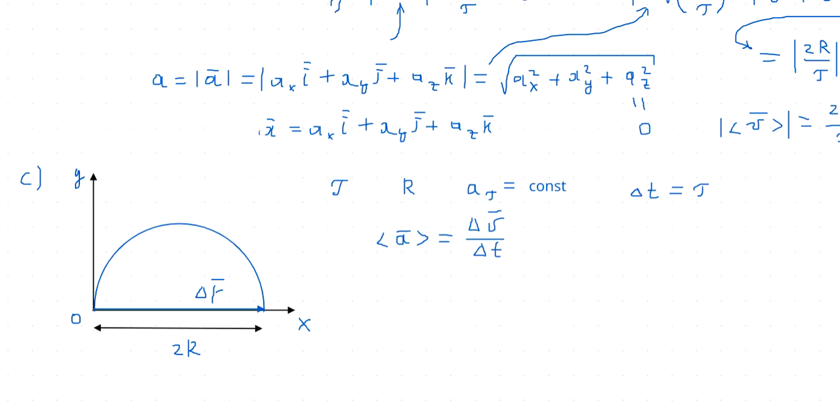I think we can write this as the difference between final velocity and initial velocity, divided by delta t. The difference between final and initial velocity.